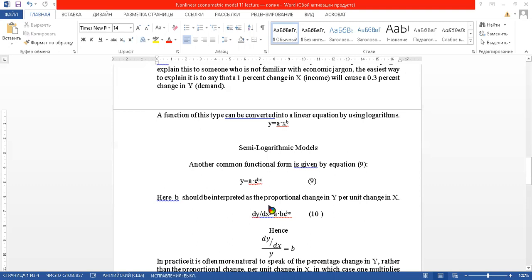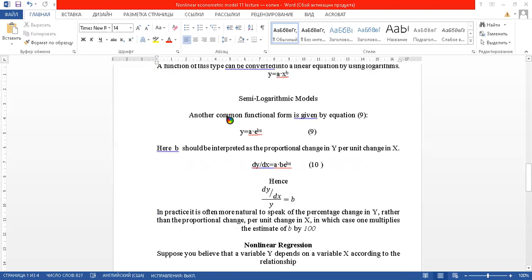For example, the semi-logarithmic model.